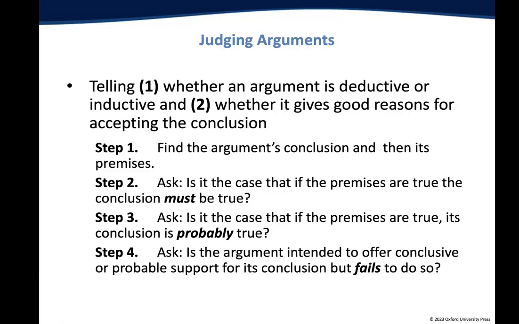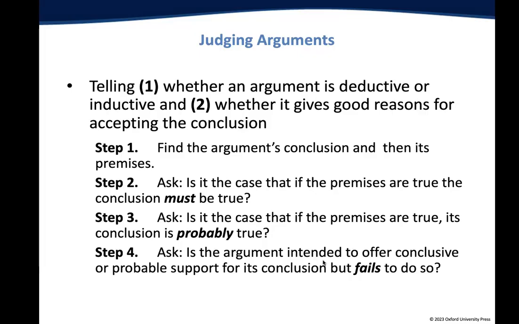So in your textbook, you were given this four-step process for judging arguments. If you work your way through that four-step process, ideally, you should be able to determine whether an argument is deductive or inductive, and then whether it gives good reasons for accepting the conclusion. So if it is deductive, whether it's valid or invalid.